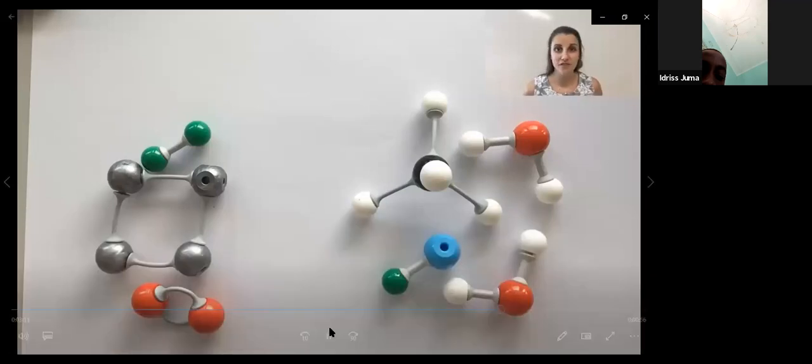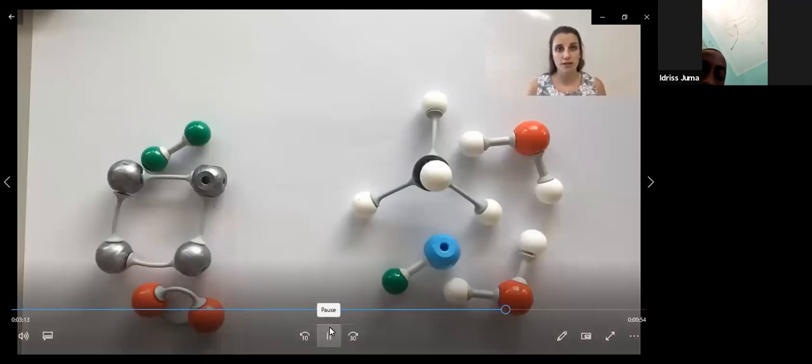The ones on the left are a mixture of elements. What we've got here is three different elements, so three different substances that only contain one type of atom. If they're in the same container, that means they're a mixture because they're not bonded together. On the right-hand side, I've got a mixture of compounds.